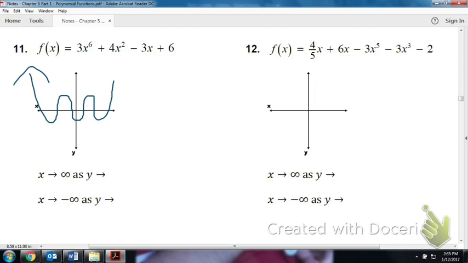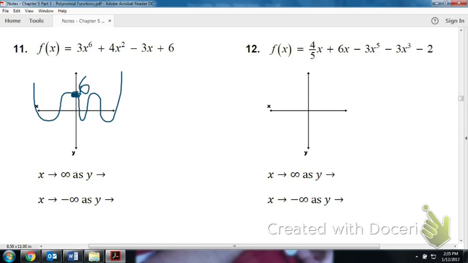And I was not so good at putting my y-intercept right here, so I'm going to fix that. Here we go. 1, 2, 3, 4, 5. There we go. That is positive 6.